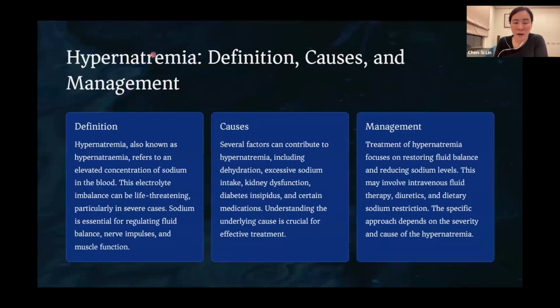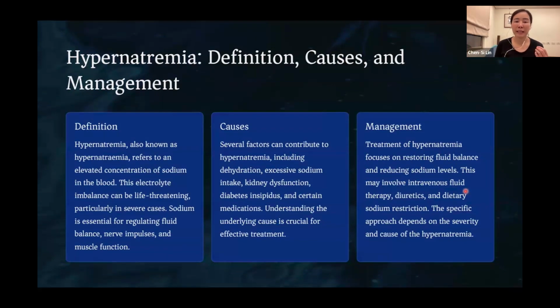So again, on the contrary, hypernatremia. For hypernatremia cases, how to manage them? Again, fluid therapy. We need to know the comprehensive profile of the electrolytes.